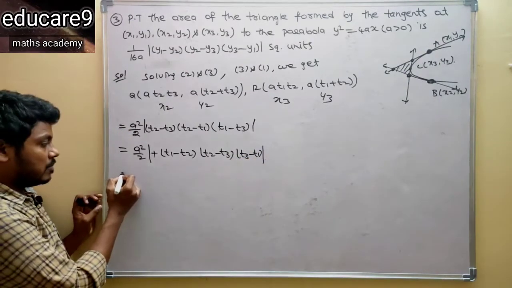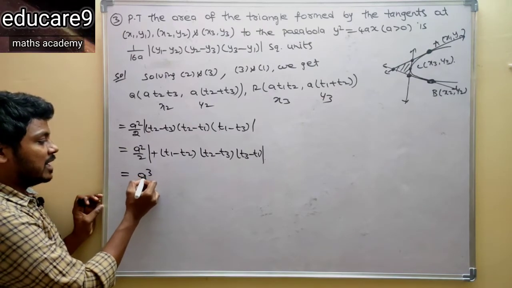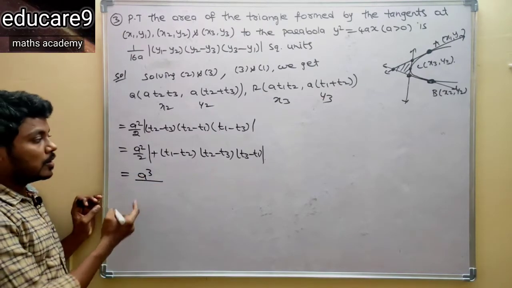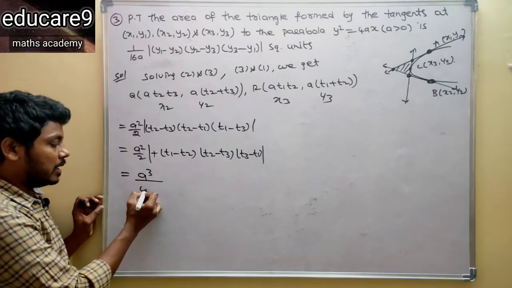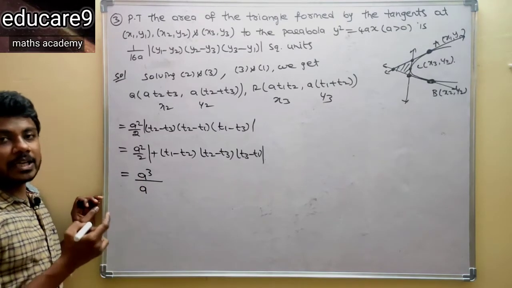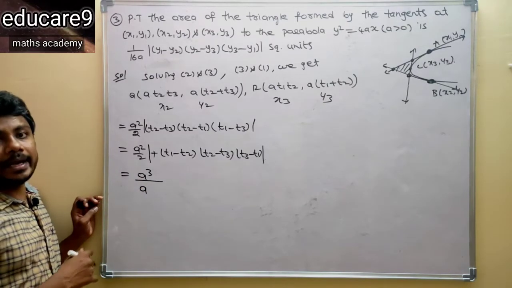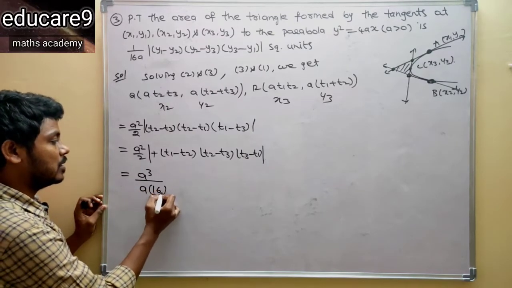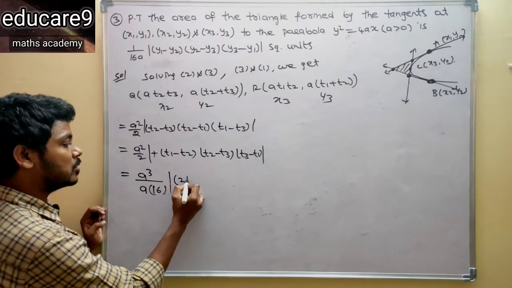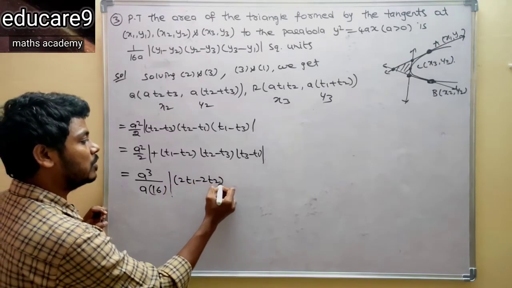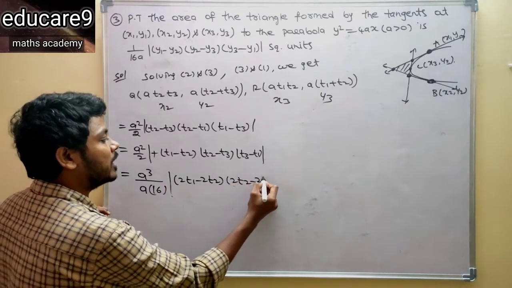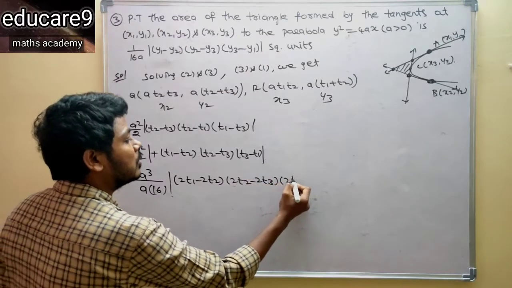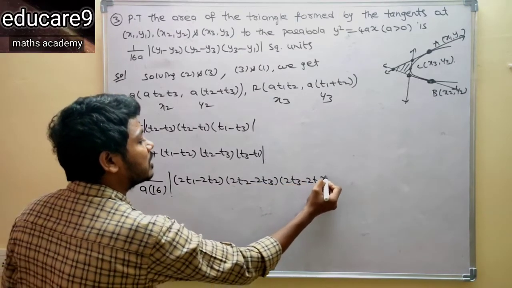Here, this can be written as a cube by a. So multiply and divide by 8, so 8 into 16. That is 2t1 minus 2t2, 2t2 minus 2t3, 2t3 minus 2t1.